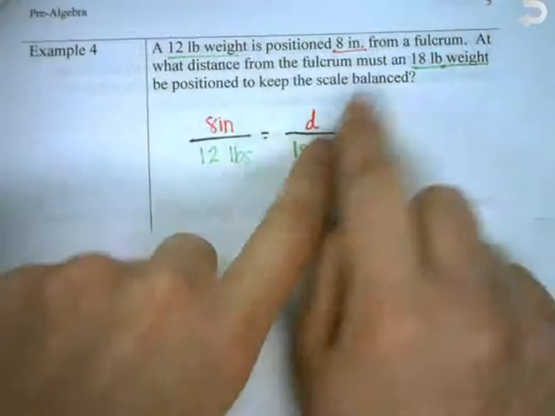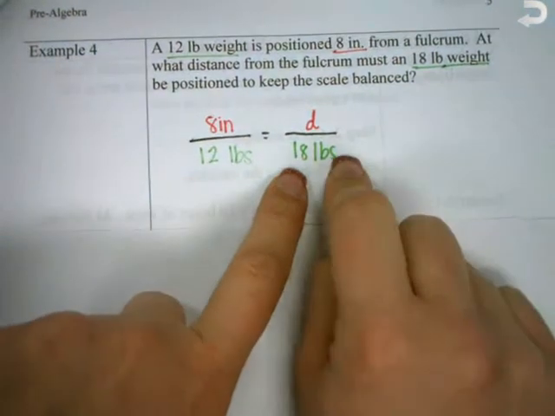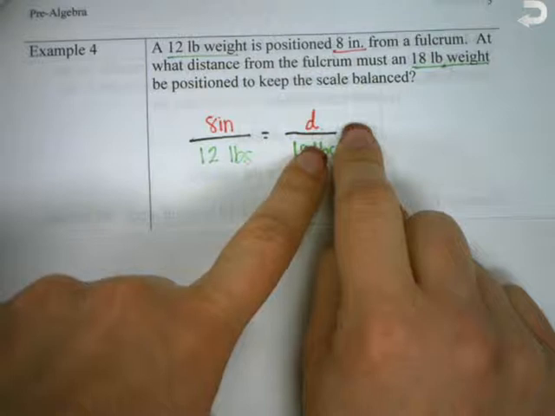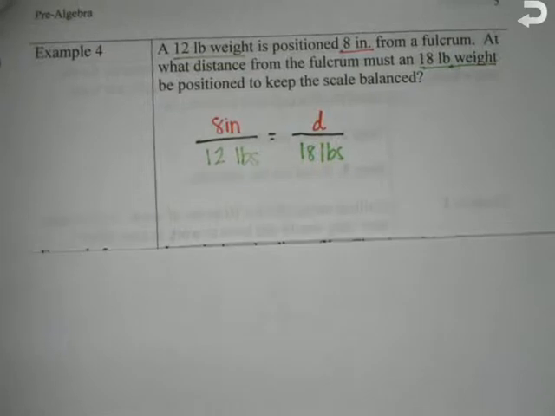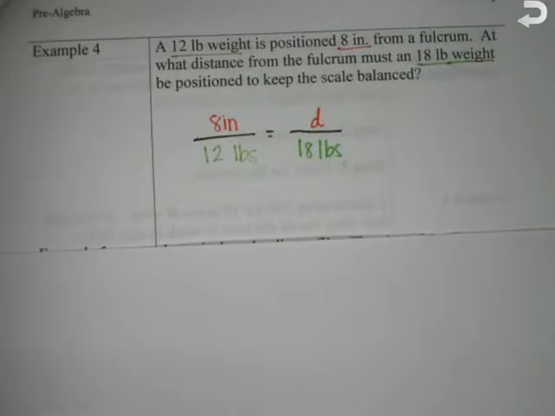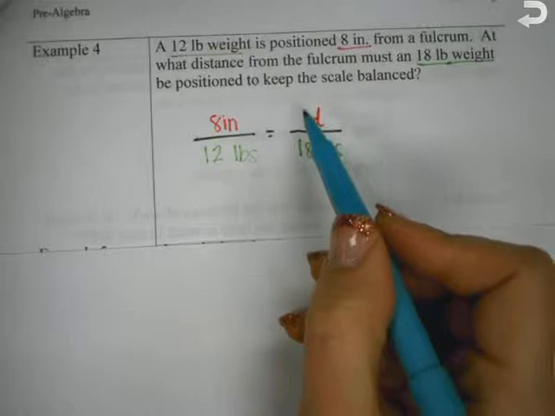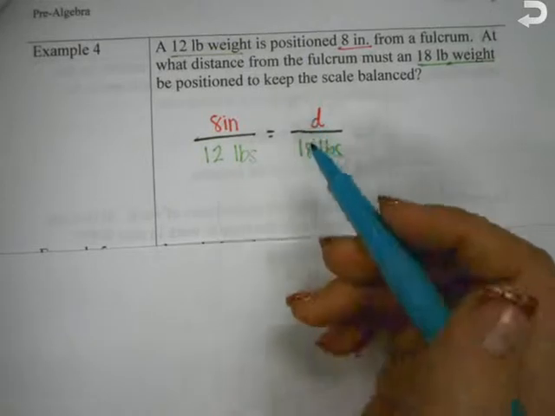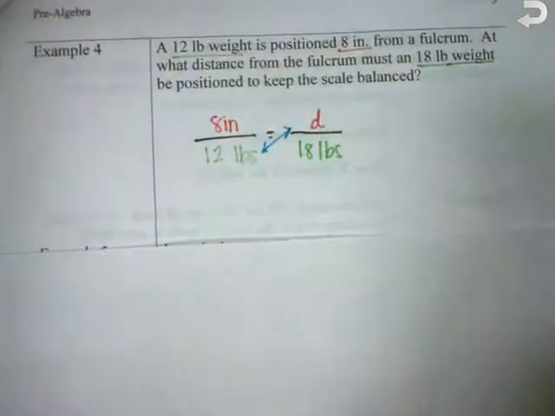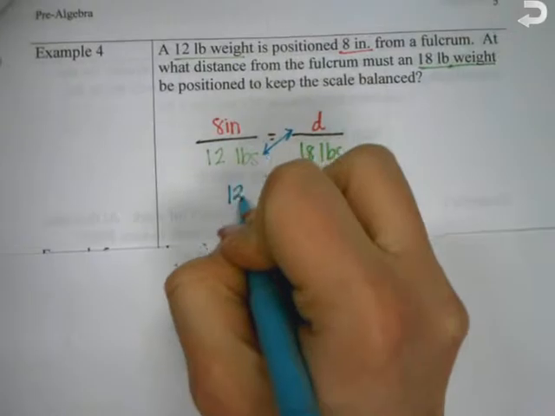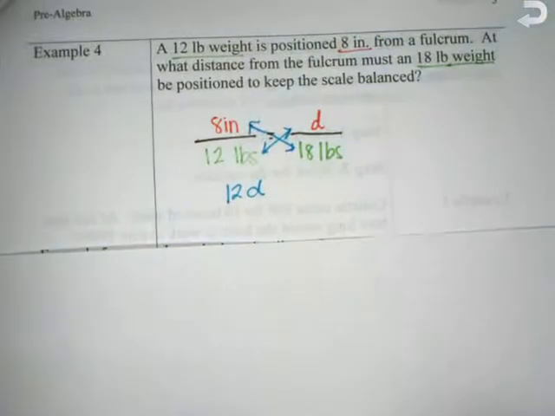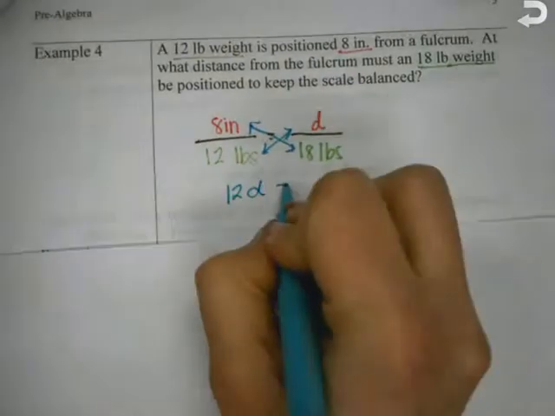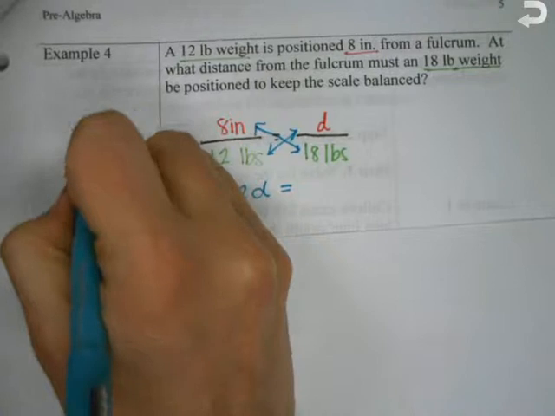So what am I going to use to solve this? I'm going to use my cross... What's it called when I multiply cross? Cross products. Thank you. So 12 times D gives me 12D. And 8 times 18, that gives me, let's see, 18 times 8, 144.